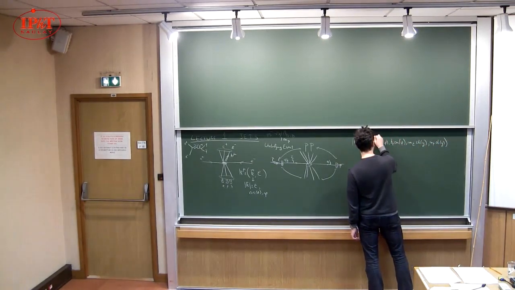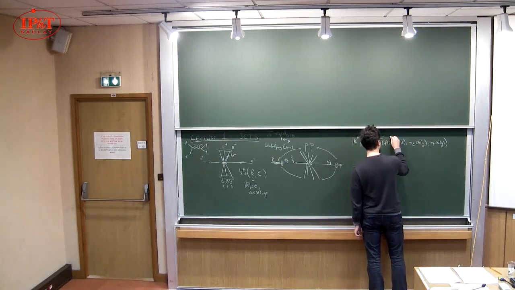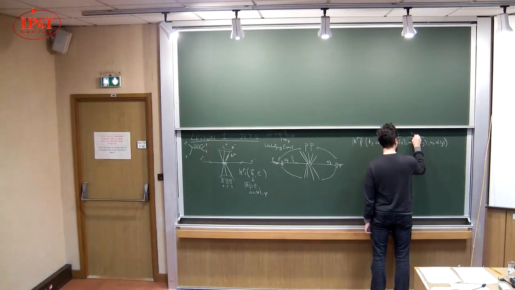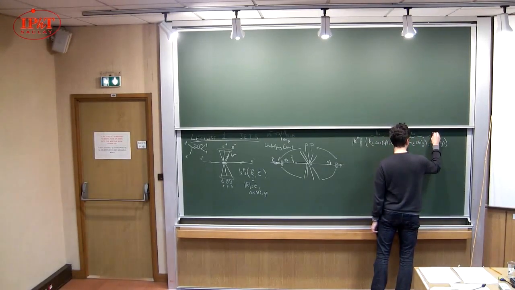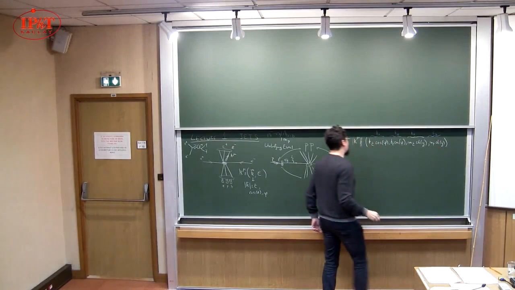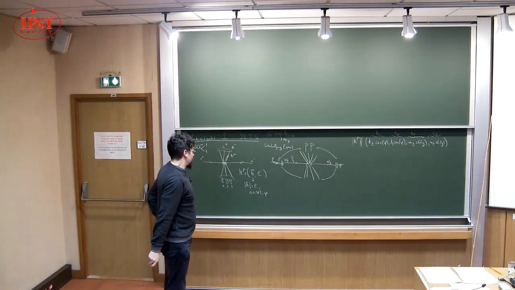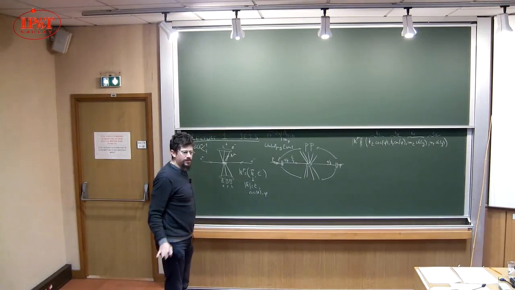So this is typically the x momentum, kx. This is ky, this is kz, and this is the energy of k. So this is, say, just a representation of 4 vectors.